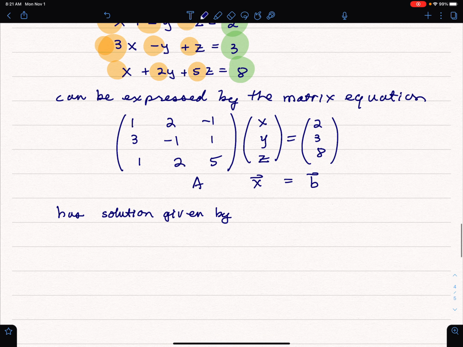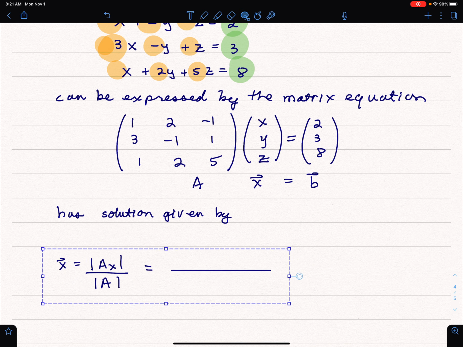Okay, so the solution is again given by x equals determinant of Ax over determinant of A. Well, what's that going to be? I'm going to write it out, but I'm not going to do the problem because this video is already getting too long maybe.